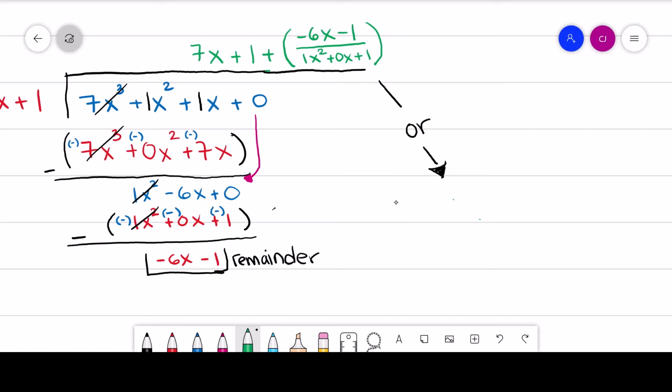You can write this as 7x plus 1 plus parentheses negative 6x minus 1 over x squared plus 1. And you'll notice that I took off the phantom 1, because I put the phantom 1 in the front for instructional purposes to show you that that has a value of 1.